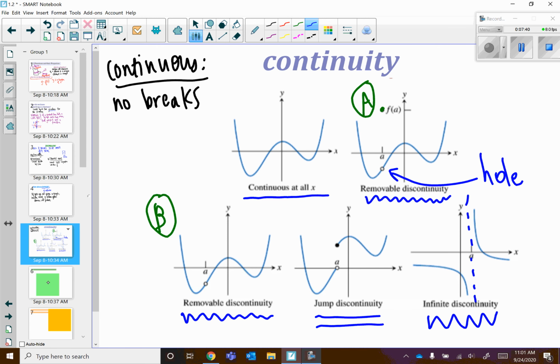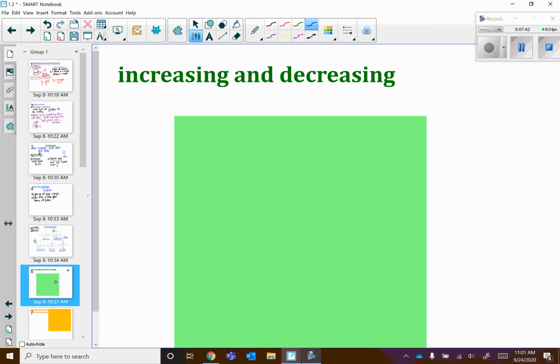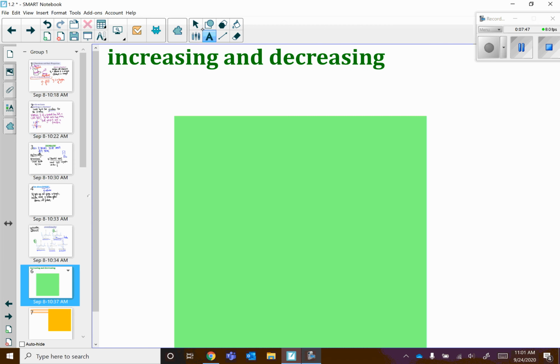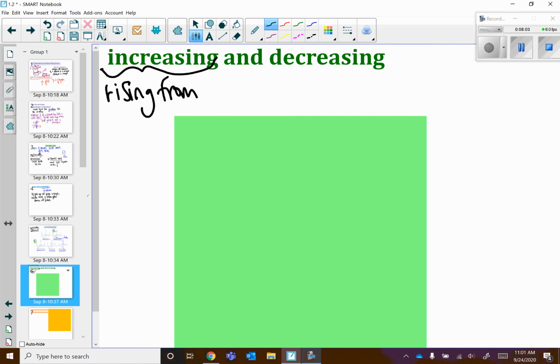Otherwise, we are going to talk about increasing and decreasing. Increasing and decreasing is referring to essentially the slope of the function. If a function is increasing, that means it is rising from left to right, or it has a positive slope.